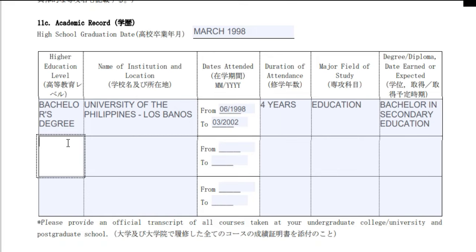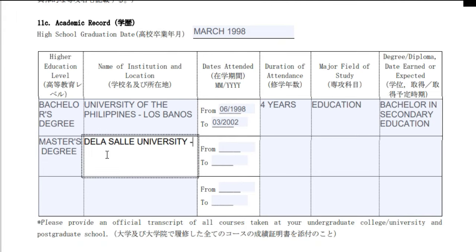And then let's say you already have your master's degree, say from De La Salle University, Dasmariñas. For the dates attended, for example, June 2008 to March 2015, so that's 7 years.